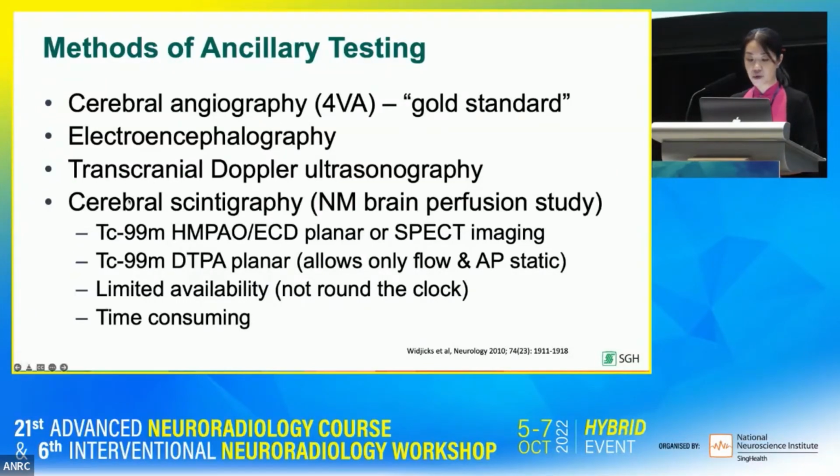And sometimes they do cerebral scintigraphy, which is what we call a nuclear medicine brain perfusion study, using the tracer that I've mentioned earlier, HMPAO or ECD, using planar or SPECT imaging, depending on availability of the machines. In some centers, for example in the US, they do a DTPA planar image, which only allows assessment of the flow as well as static anterior-posterior images.